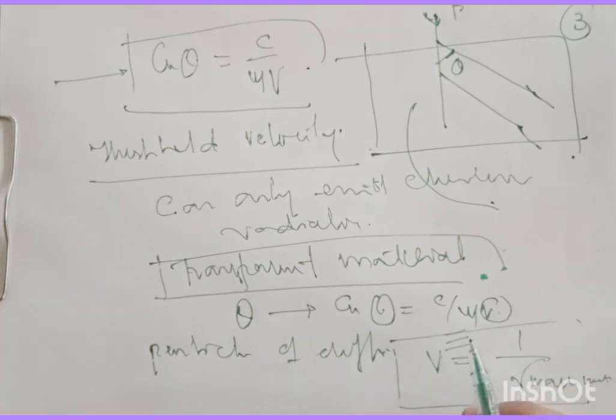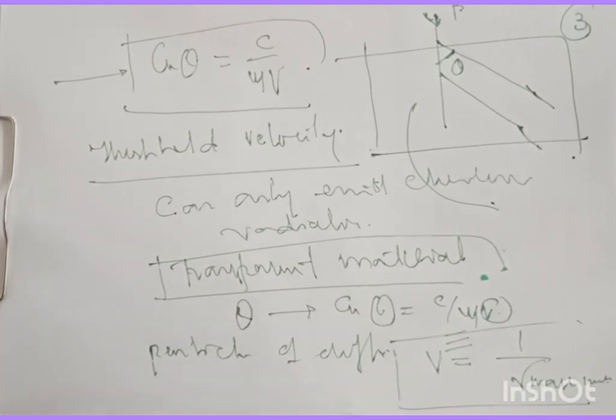Only then can we have Cherenkov radiation. So if we are able to generate conditions where the velocity of the charged particles bombarding the counter is more than the velocity of light in the material medium, they are going to produce Cherenkov radiations.